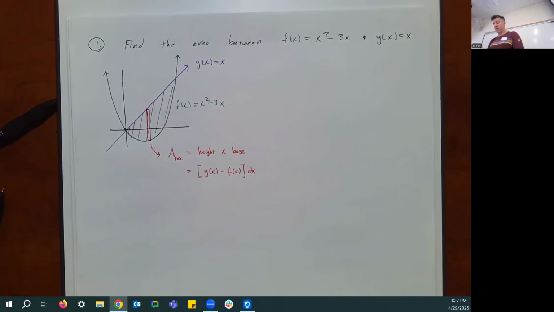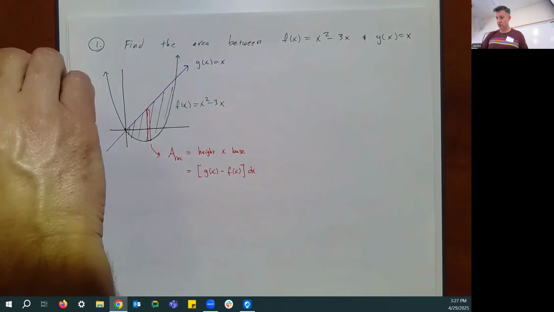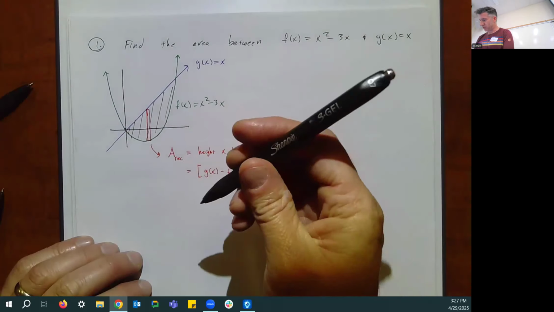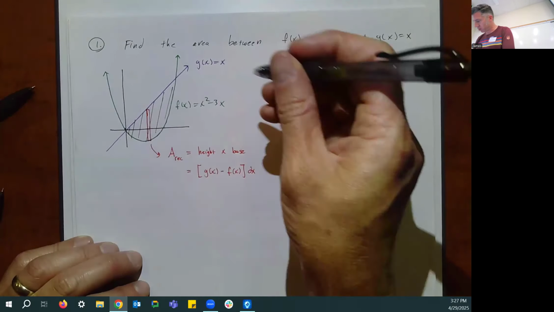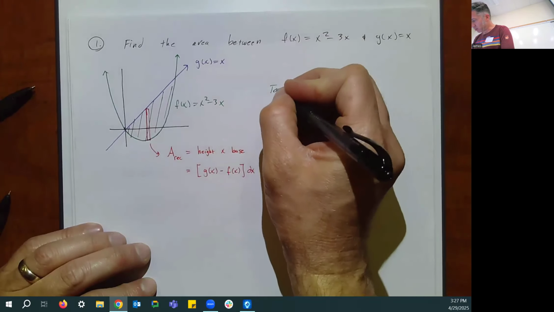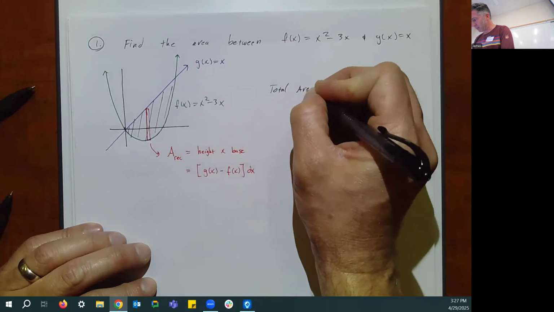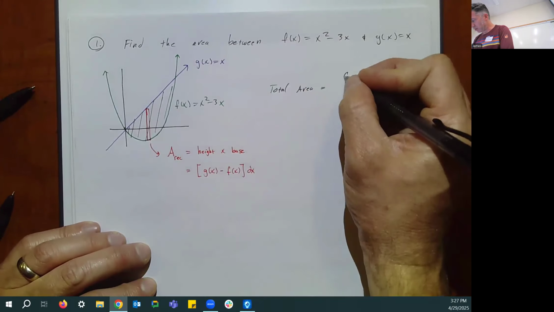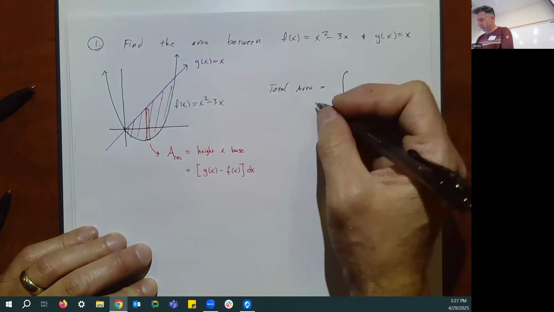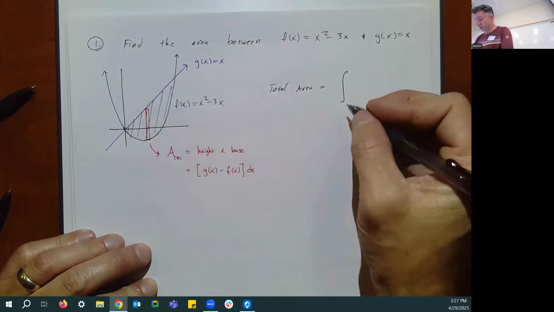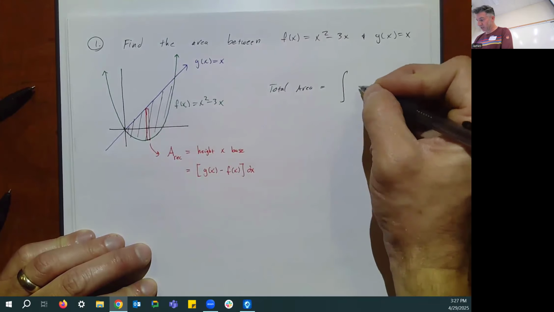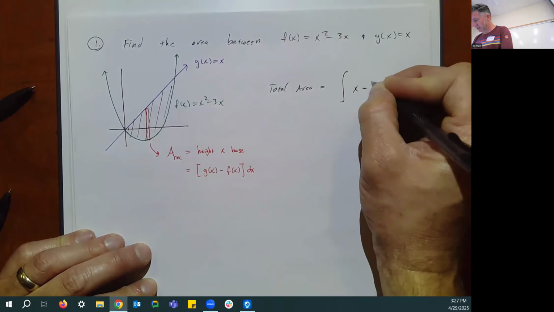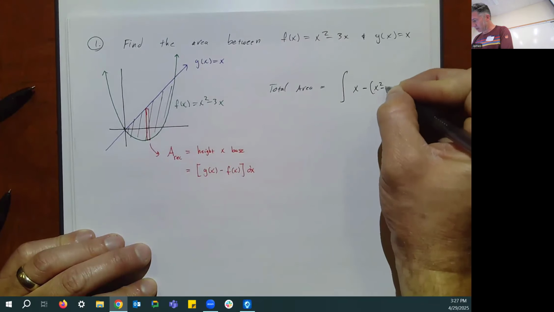And then if I want to find the total amount of area, we are going to add up all the rectangles. So the total area is equal to the integral over, well, we'll find limits of integration in a second, of the function g of x minus f of x, which in this case is going to be x minus (x squared minus 3x).